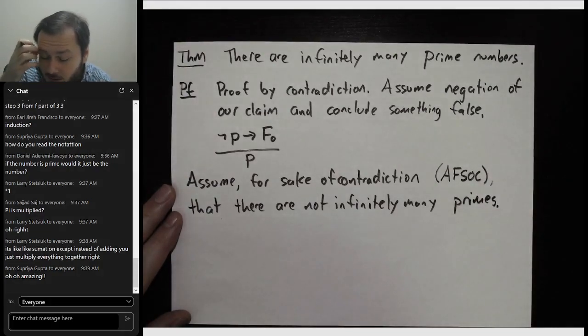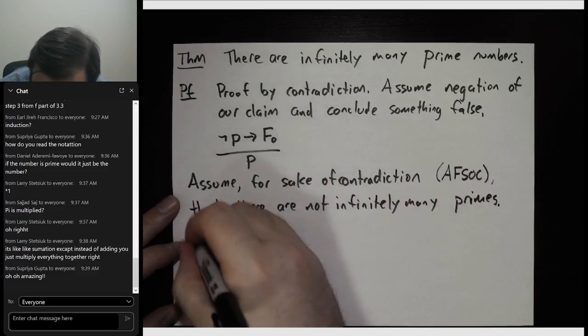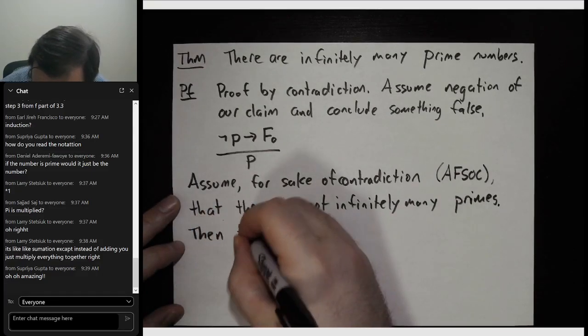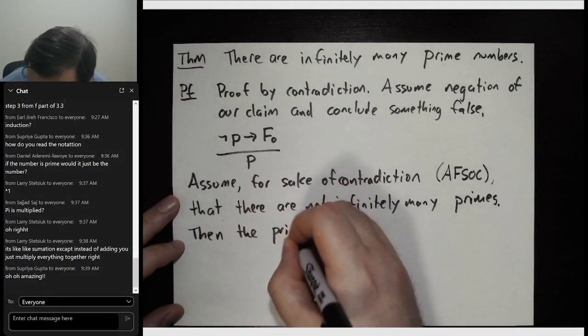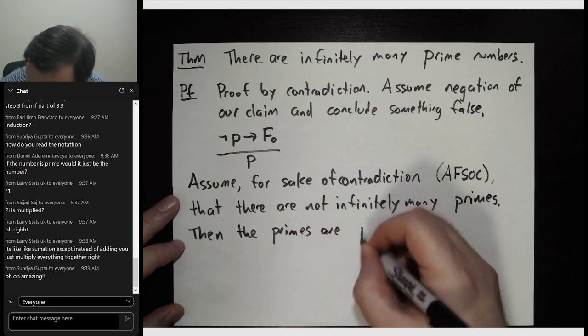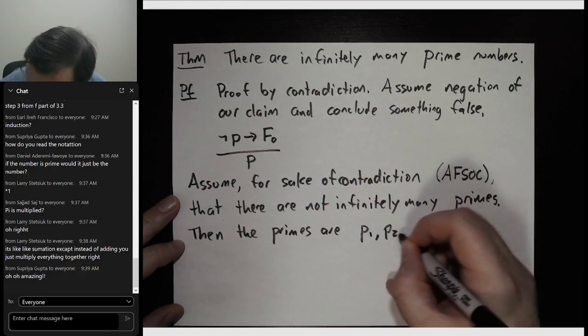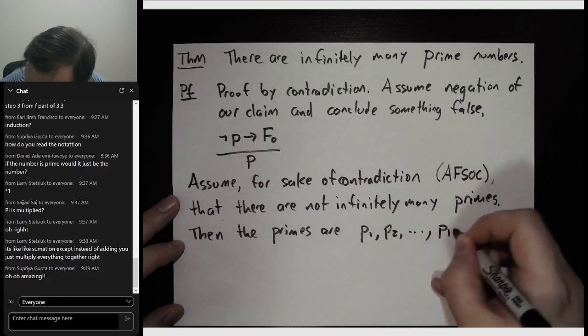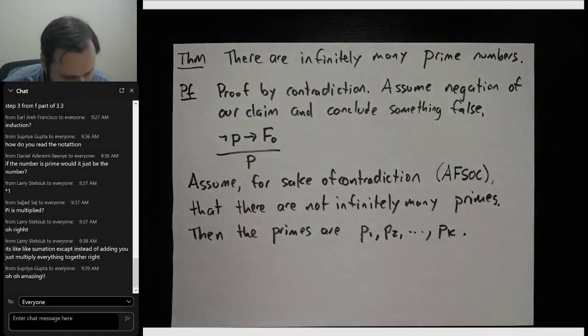Well, if there's not infinitely many, we can list them all out. Then the primes are p sub 1, p sub 2, all the way up to p sub k. That's all of them.